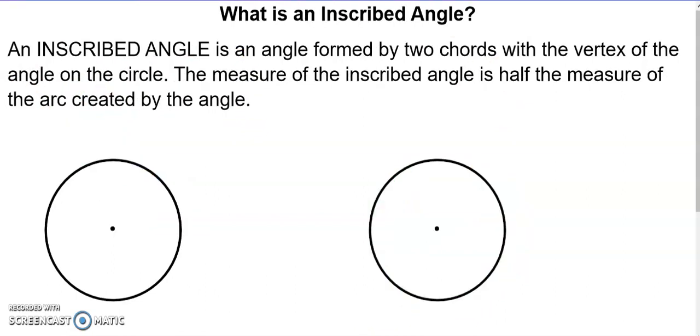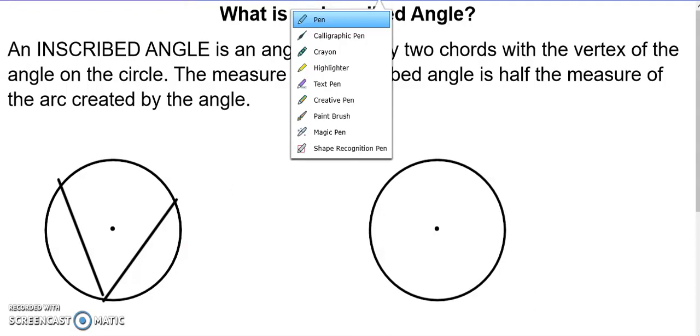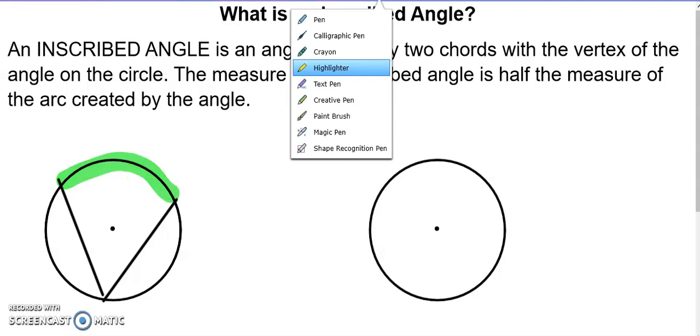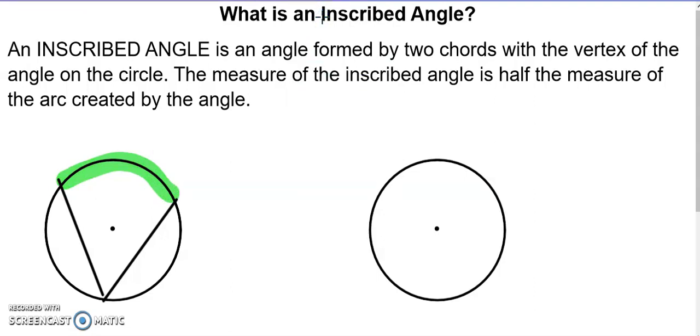And then lastly, we have what's called an inscribed angle. This is an angle formed by two chords where the angle itself is on the circle. The measure of this angle is half the measure of the arc. If I give you this arc, the arc it opens on, what we call an inscribed arc, and I tell you this arc is x, this angle is half x.